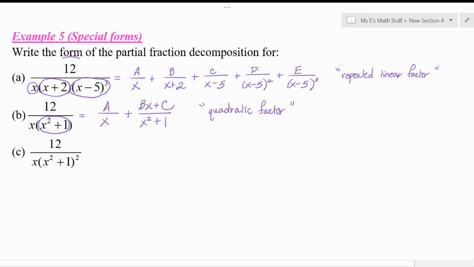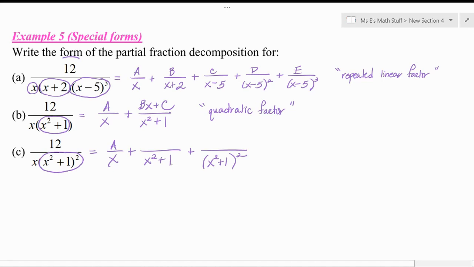And then for part C, this would be a repeated quadratic factors case with this piece here. So we'll have a constant over x, degree 0 over degree 1. And then the other two denominators would be x squared plus 1 and (x squared plus 1) squared, like we mentioned in the previous example, so that your least common denominator would be the denominator you started out with.